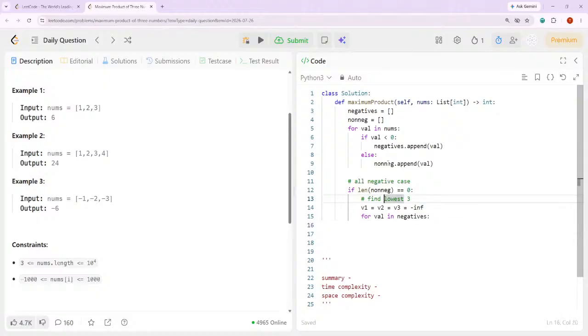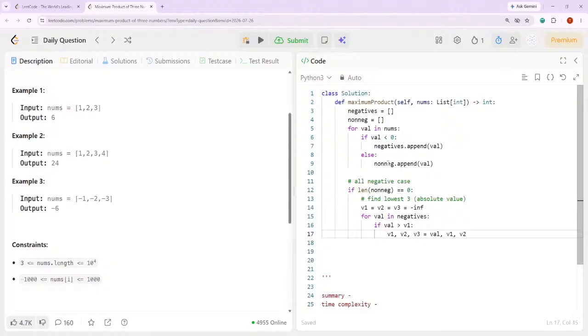Okay, it's actually the lowest three absolute value wise, so lowest three closest to 0. So for every value in the negatives, if say v1 is closest to 0, so it's the maximum, right? Yeah, so I want to find the maximum. So if the value is greater than the maximum current value, then v1, v2, and v3 are now equal to this value is the maximum.